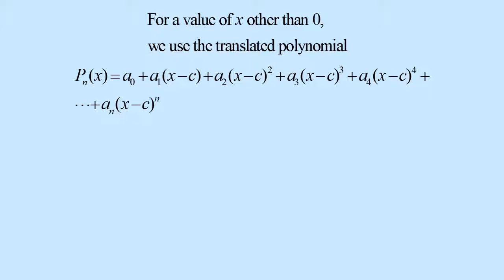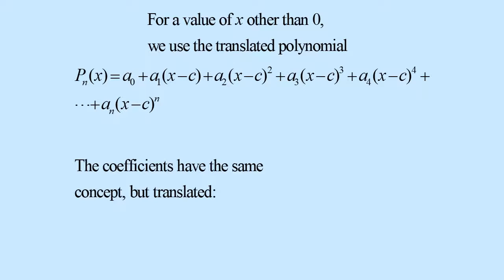Now, if we say that we're centering somewhere besides 0, that just means that we have a translated polynomial. So everything that we just said about the Maclaurin polynomial would still be true, only we would have the value of c as the number where we were centering our polynomial.